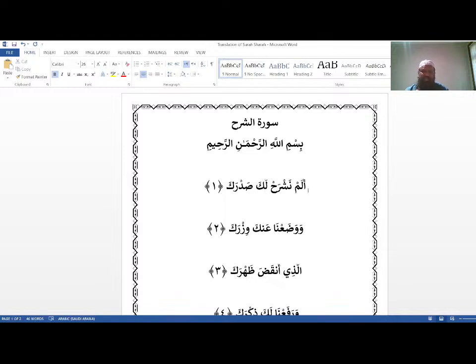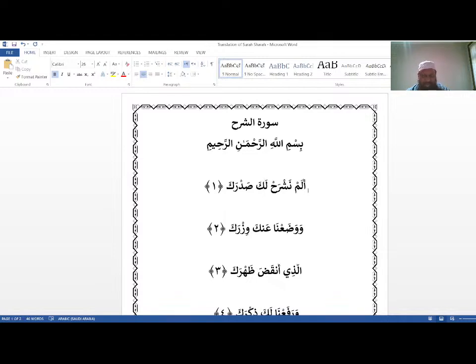So now we established a hamza is harful istifham. Lam is to make fi'l mudari nafi, strong meaning, and takes fi'l mudari into al fi'l al madi. So if you want to translate, shall we start with a?